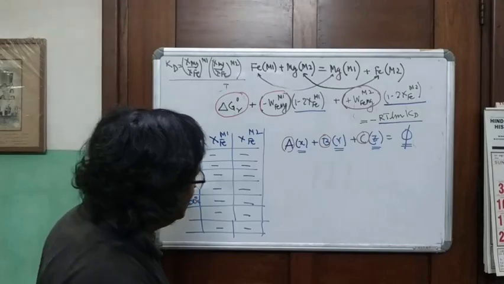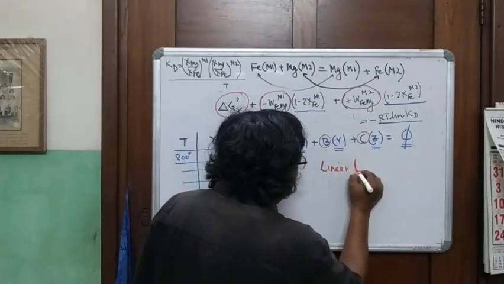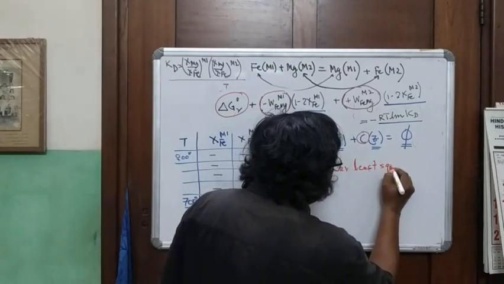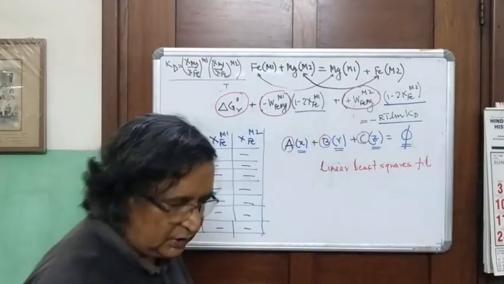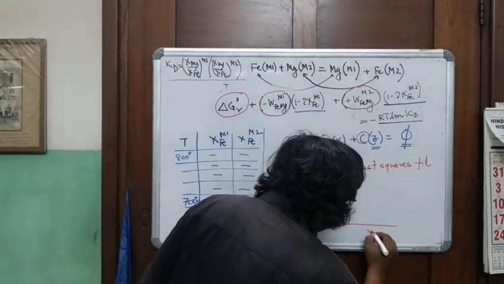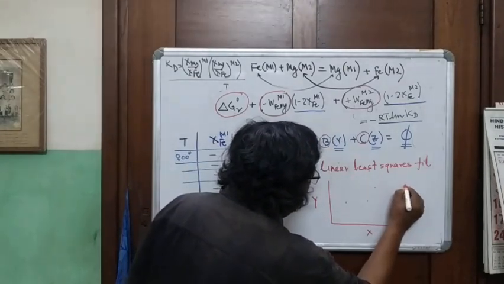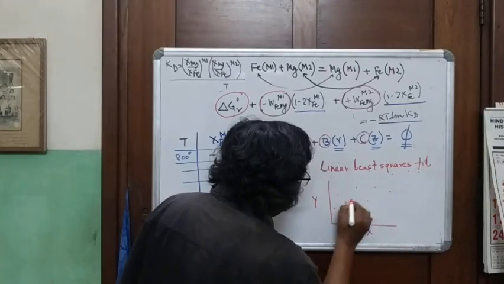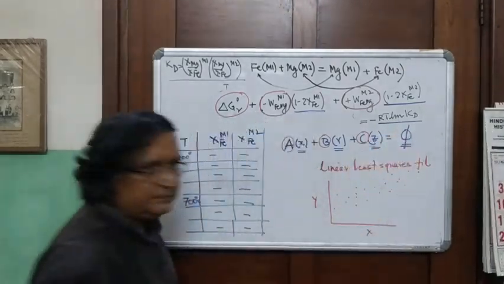This is done by what is called a linear least squares fit. All of you may know it, but just for the sake of completion, let's say we take a variable x and a variable y, and you have 17 points like this.